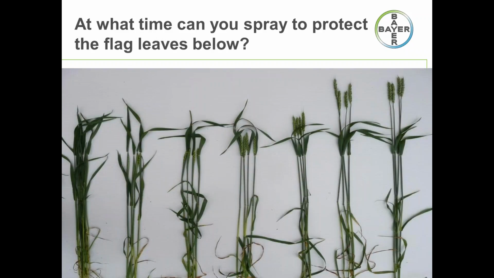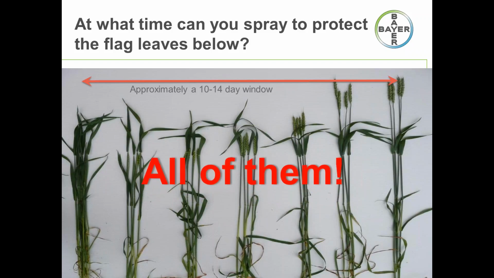So when it comes to protecting your wheat crop from leaf diseases, what time can you spray to protect the flag leaves below? So you see in the far left image, there's a flag leaf stage, and the head hasn't come out of the boot yet. All the way over to the right side of the image, where the head is out and the flag leaf is now more horizontal, which is about a 10 to 14 day window, your opportunity to protect the flag leaf.